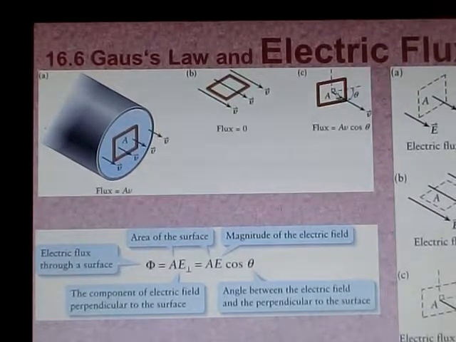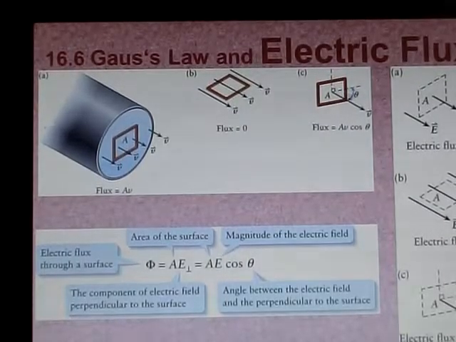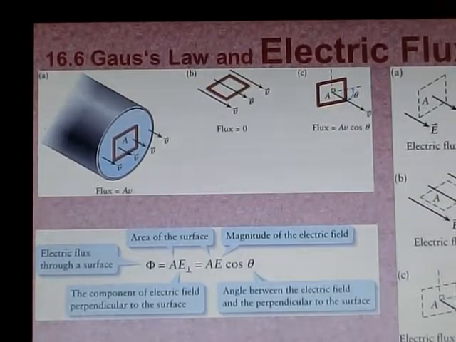Here, it is not exactly perpendicular. There is an angle between the perpendicular to the surface and the direction of the electric field. So the flux is then the perpendicular surface area times the electric field times the cosine of the angle between the perpendicular and the direction of the electric field. This is further illustrated here.